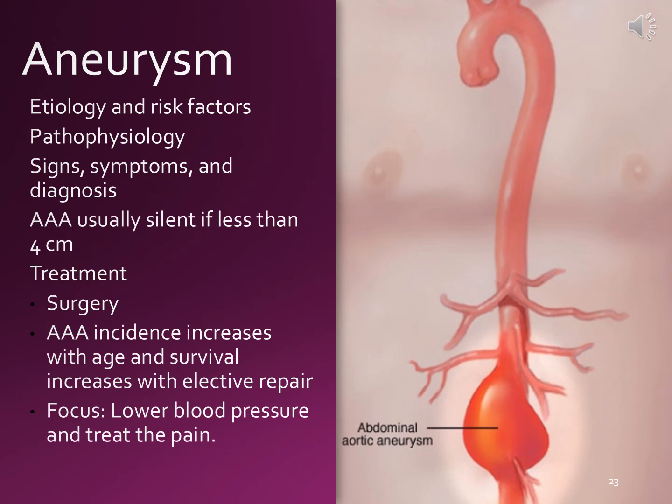The treatment is surgery, and they do an endovascular stent or a balloon, or sometimes they'll graft the stent endoscopically, or sometimes they'll do a conventional open repair. It just depends on the size of the aneurysm and the person.